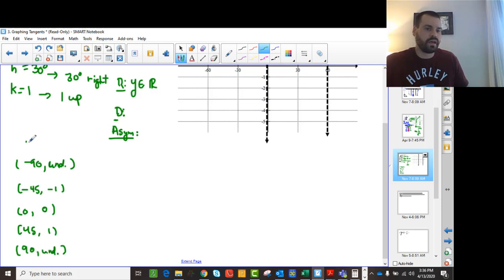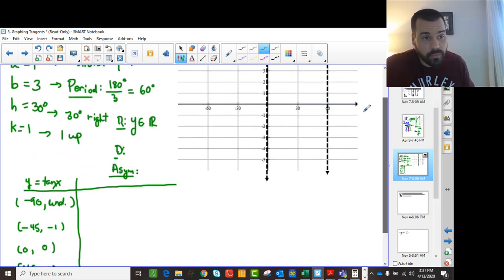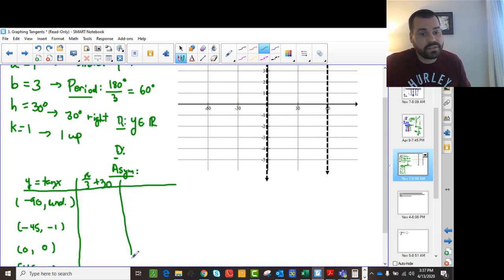That's my y equals tan x. And then I'm going to do x over b plus h. So x over b becomes x over 3. I'm going to divide by 3, and then I'm going to add h. And h is 30. Okay, and then my y's, I'm going to do ay plus k, a is 1 and k is 1, so it just becomes y plus 1.